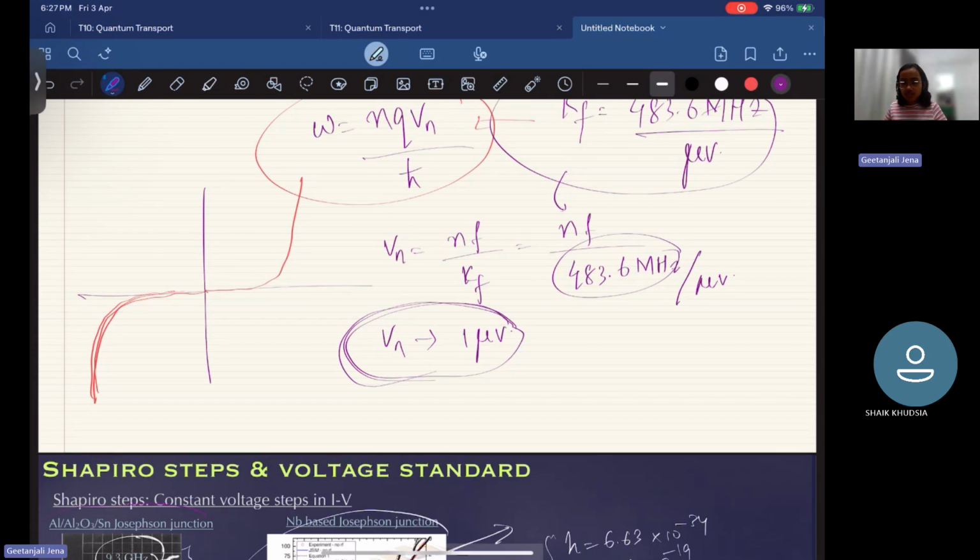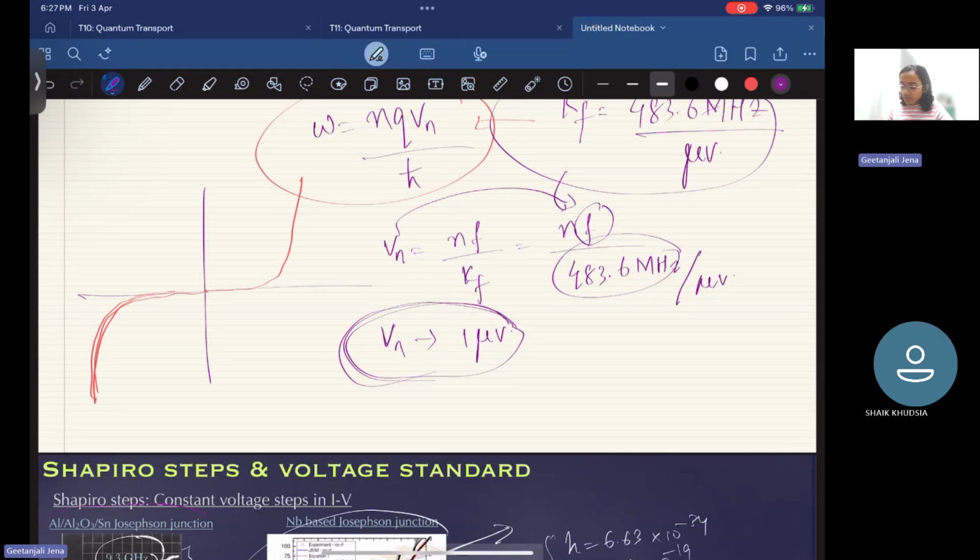So 1 microvolt is not quite a practical value to measure using the measurement standard. To increase the Vn, we need to increase the frequency, right? Vn is directly proportional to frequency, and other values are constant. But it's not quite practical to increase the frequency across one Josephson junction. There are technical difficulties for that.